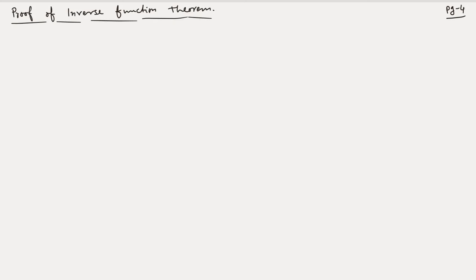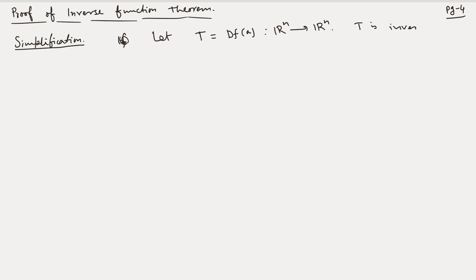So first we simplify the statement, simplification. First let T equal to the derivative of f at the point A. Okay, then this is a linear transformation Rn to Rn, and by the given condition T is invertible. That is, T inverse exists.